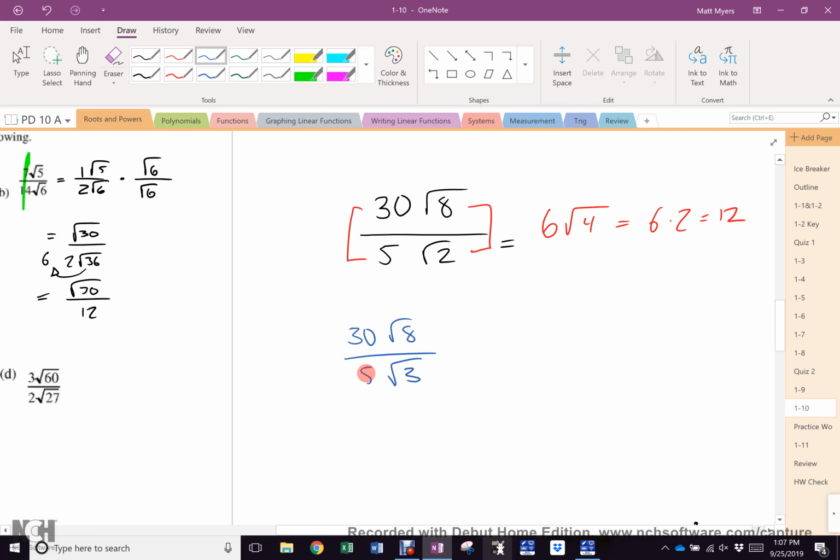But 30 and 5 do. So we got to 6 root 8 over root 3. And there is where we got to. We're just starting to scratch the surface of the next concept, which is dealing with that. Because right now, there is no mathematical need to go further than that.